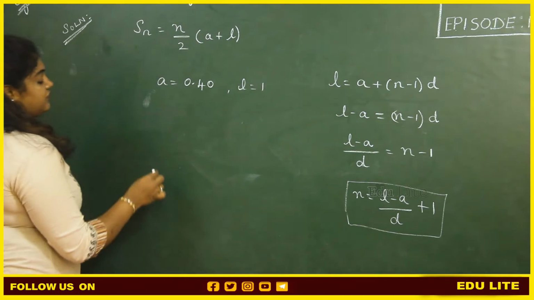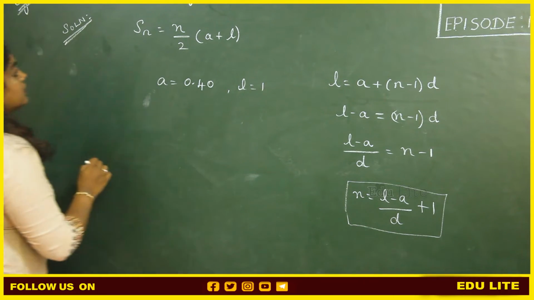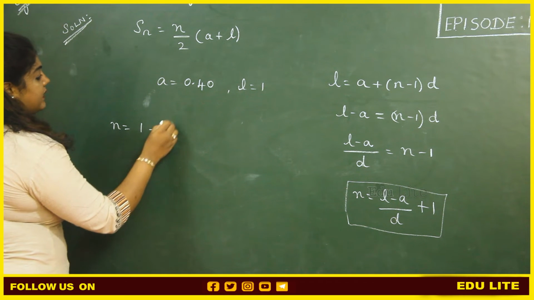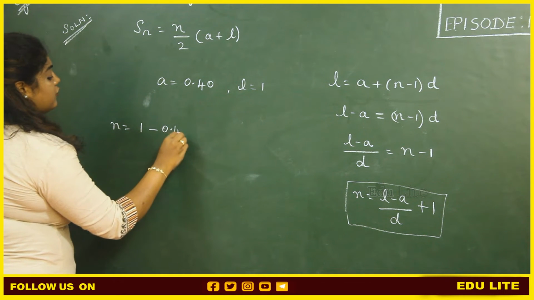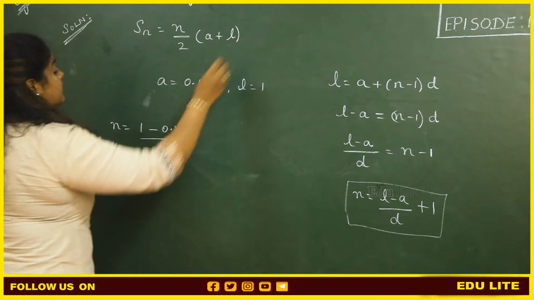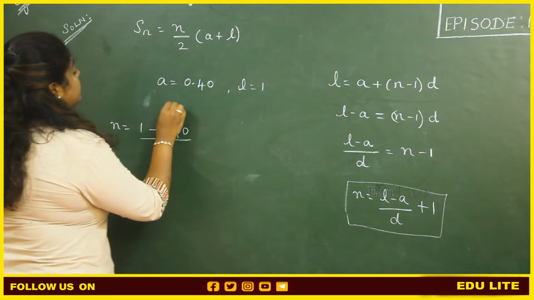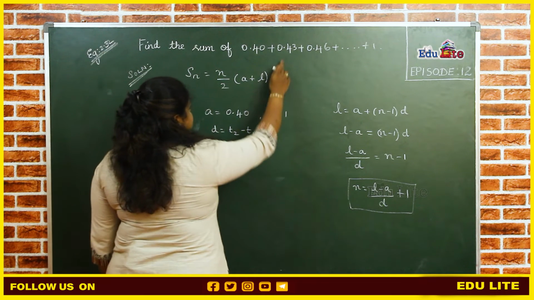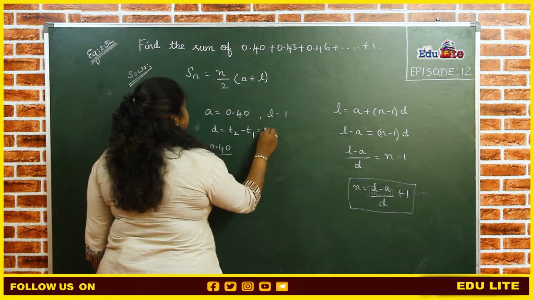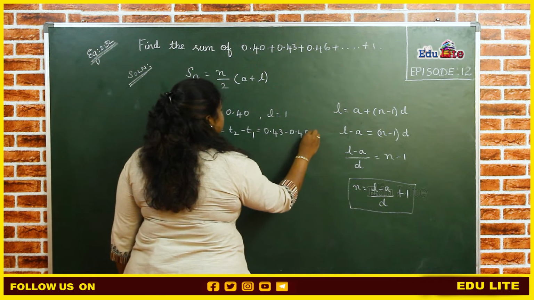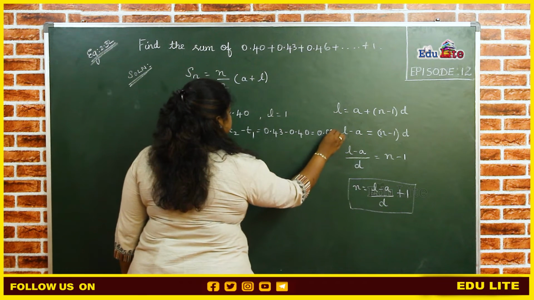So, we can use this formula to find the value of n. We will find the value of n first, then we will proceed to Sn. n is equal to L value 1 minus a value 0.40 divided by d, so we have to find the value of d in the above series. Therefore, d is equal to T2 minus T1, that is second term minus first term, 0.43 minus 0.40, which will give me 0.03.